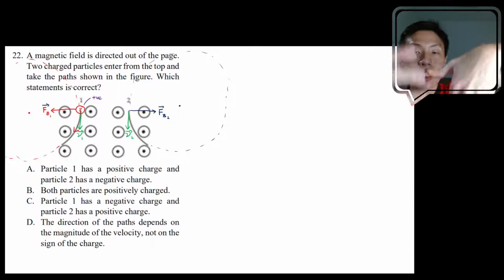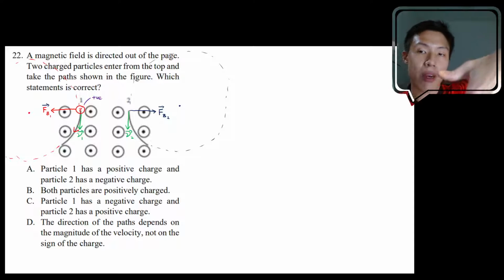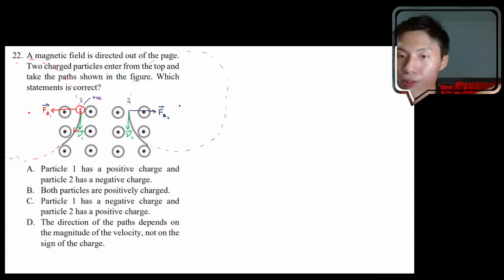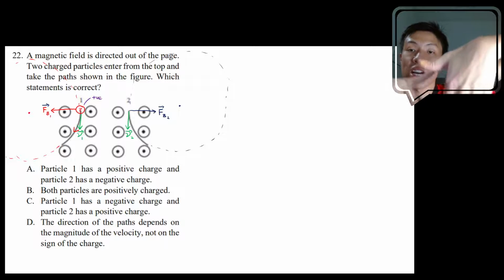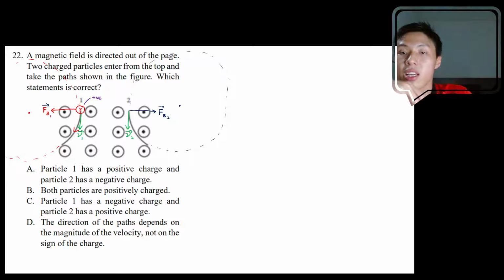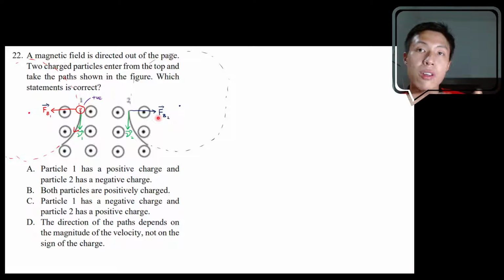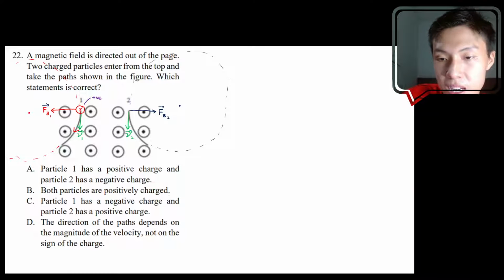The thumb represents the direction of the magnetic force. So if it's a positive charge, the force is pointing to the left. If it's a negative charge, the force should be opposite to my thumb, which is to the right. In my diagram, my force is pointing to the right, which is opposite the direction of my thumb. Therefore, this is a negative charge.